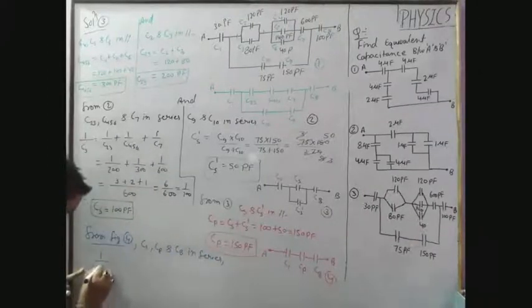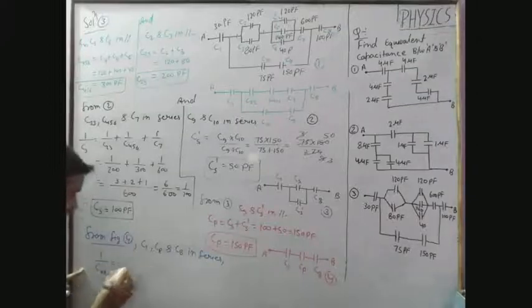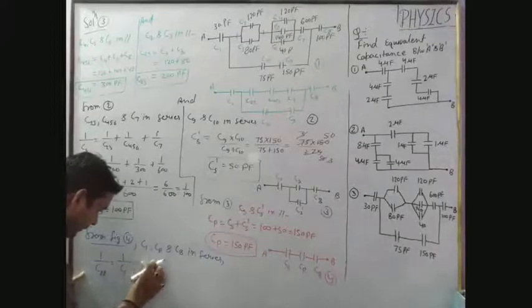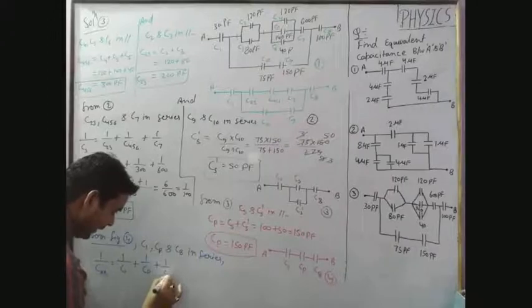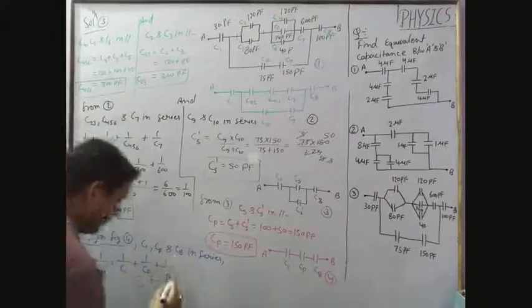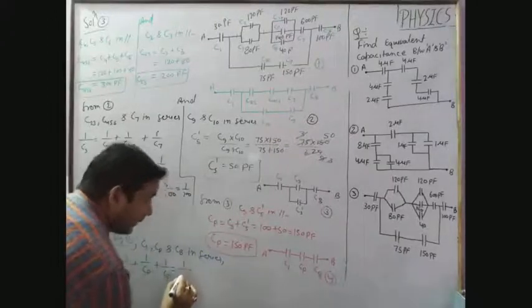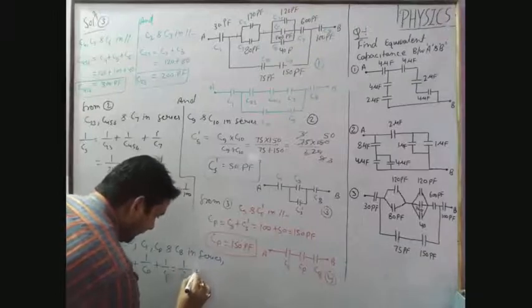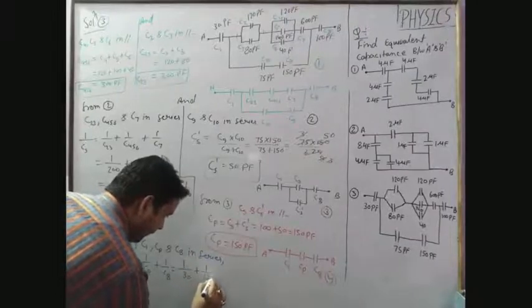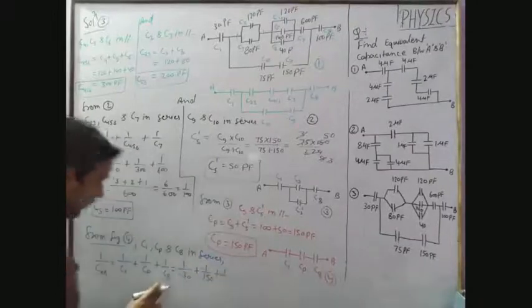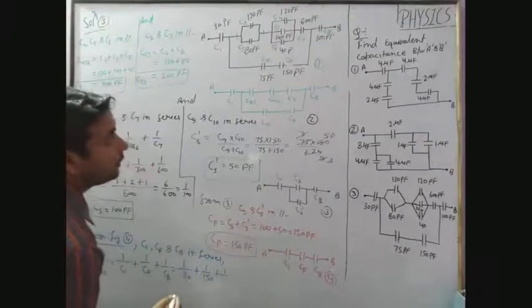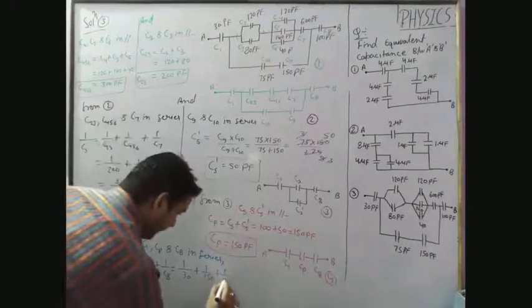Therefore CAB, which is equivalent finally, that C1, CP and C8, which we have 1 by 30, 1 by 50 and 1 by 100.